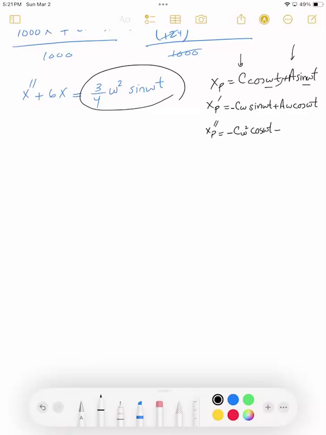Minus, because again, the derivative of cosine is negative sine, and the derivative of omega t is omega, so that's why we get another omega, omega squared sine of omega t. So let's substitute them.